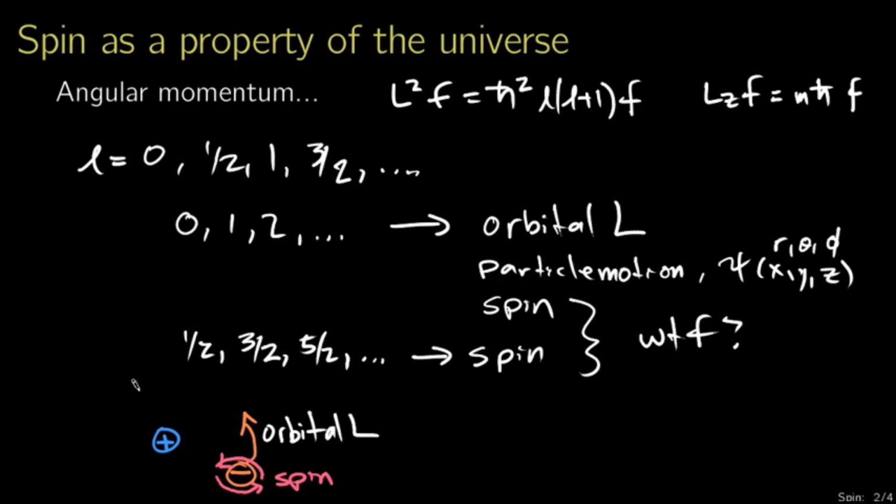If you think about the Earth orbiting the Sun, the Earth both goes around the Sun and spins on its axis. That combined spin and orbit means there are essentially two distinct types of angular momentum in the context of the Earth orbiting the Sun.